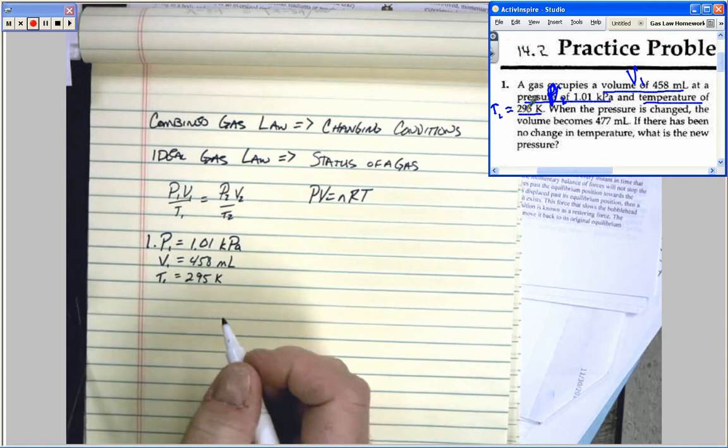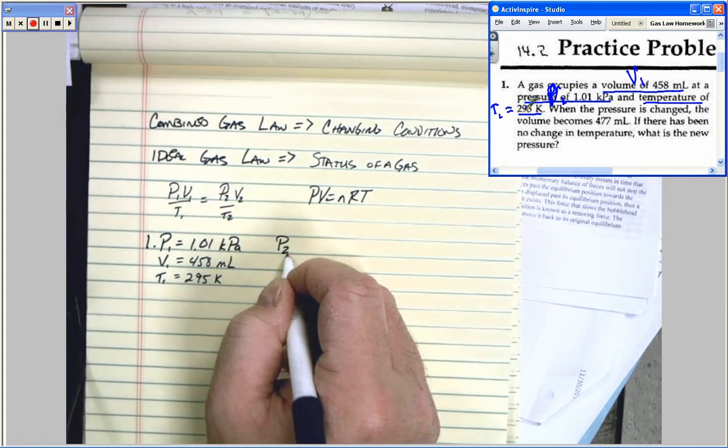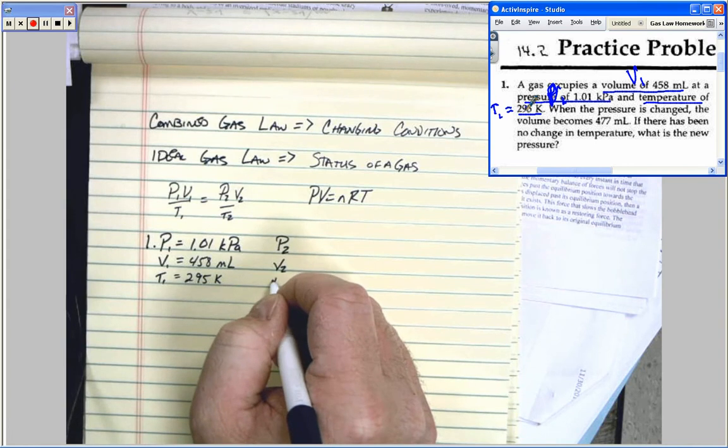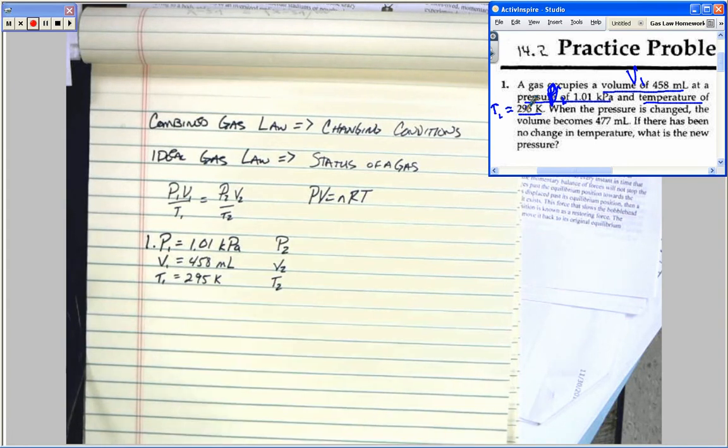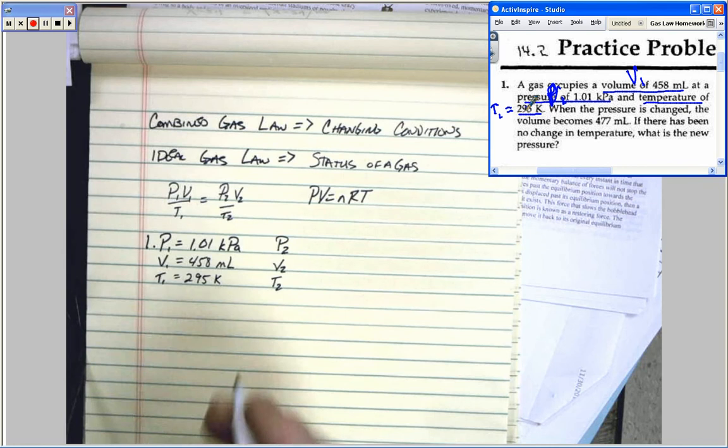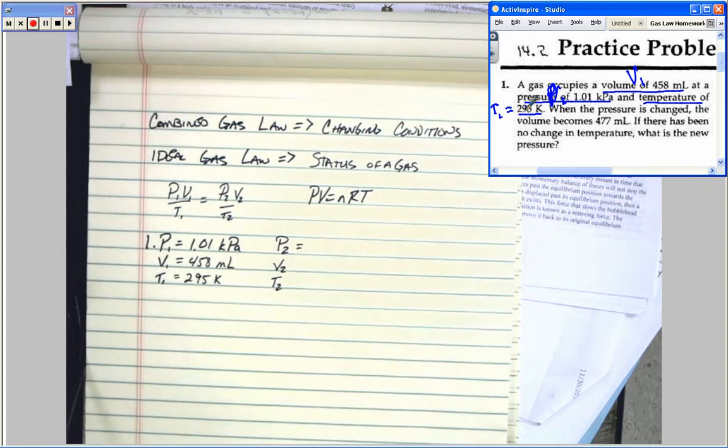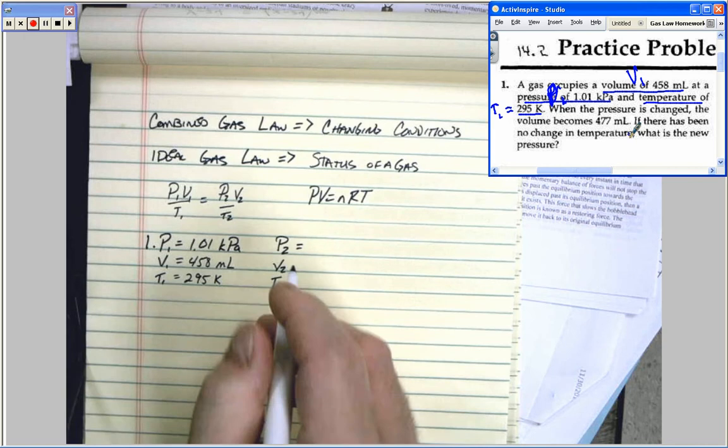Okay, so then P2 and V2 and T2, we need to find those because those are our after conditions. So P2, it says when the pressure is changed, the volume becomes 477 milliliters. If there has been no change in temperature, what is the new pressure? So which one of these things are we looking for? We're looking for the new pressure. Good. So we don't know what that is.